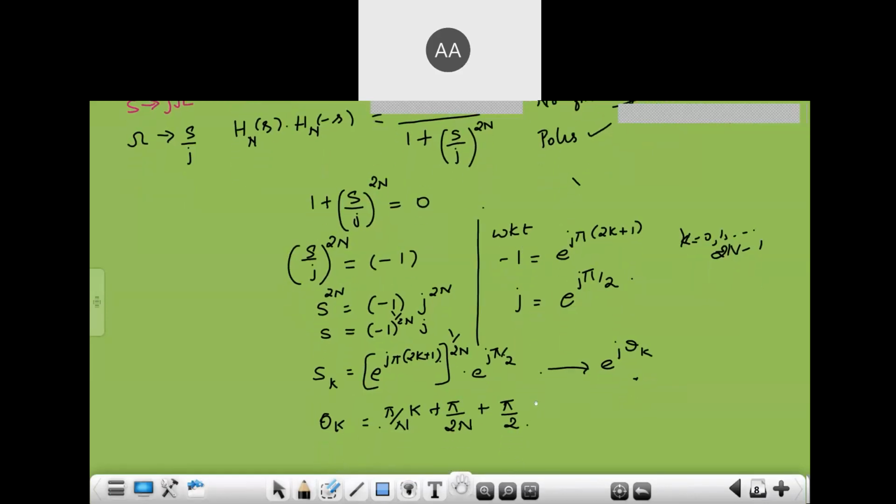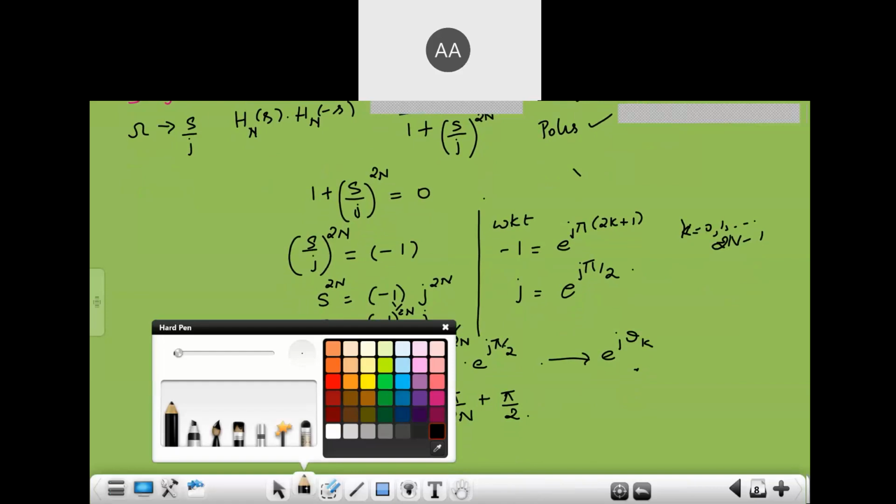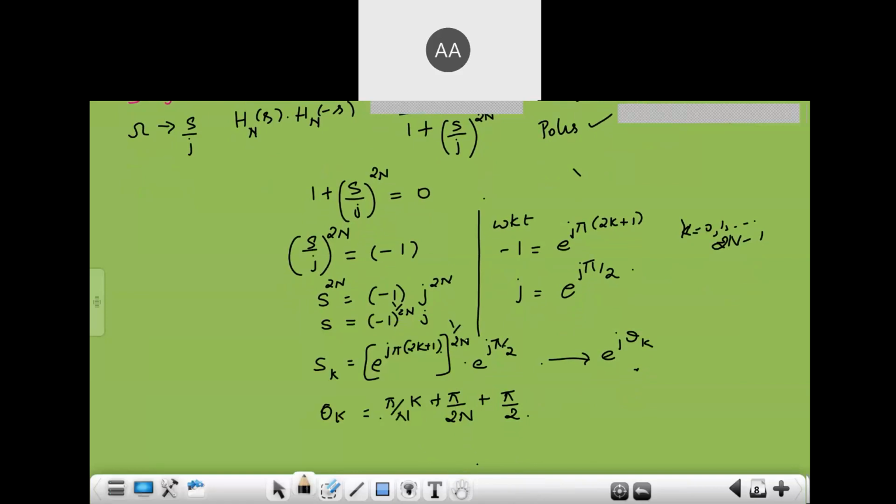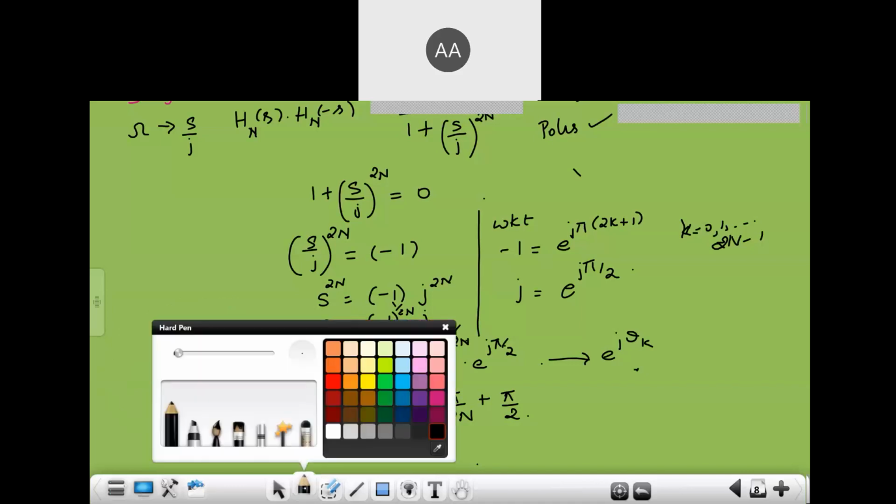All of you got it? This is what I'm writing: e power j, j pi into 2k by 2n plus pi by 2n, then the outside exponential adds plus pi by 2. So these theta terms together I'm writing, that's all. So this is your exponential expression, theta.